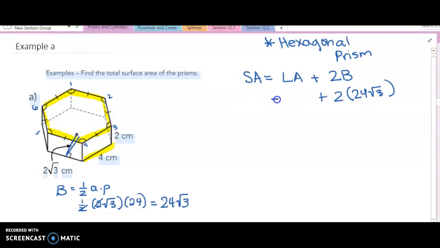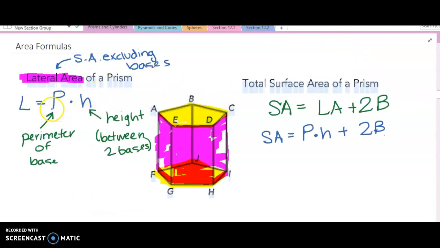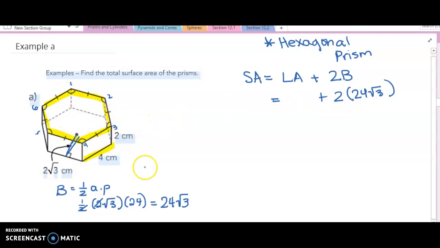So my lateral area is, I find that by the perimeter of my base times the height. So the perimeter of my base, I've already found, guys, is 24 times my height, which is right here, which is 2.